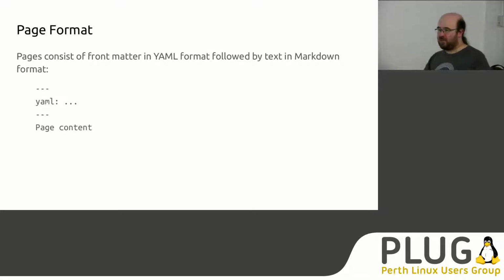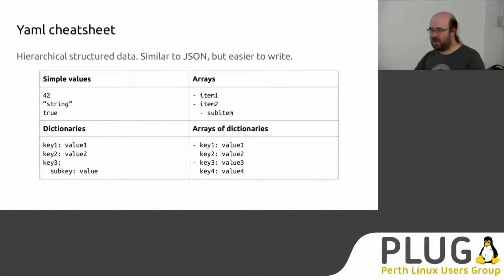The Markdown pages are stored as a blob of YAML, which is a structured metadata format, followed by the page content stored in Markdown. You could probably think of YAML as a slightly more human readable version of JSON.